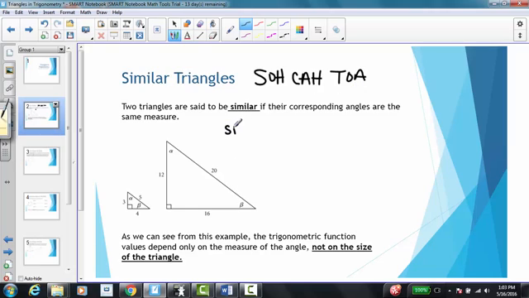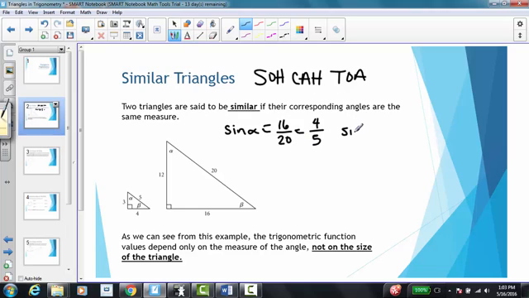If I look at the sine of angle alpha for our large triangle, we have alpha opposite, so that's 16, over my hypotenuse, which is 20. And that's going to reduce down to 4/5.